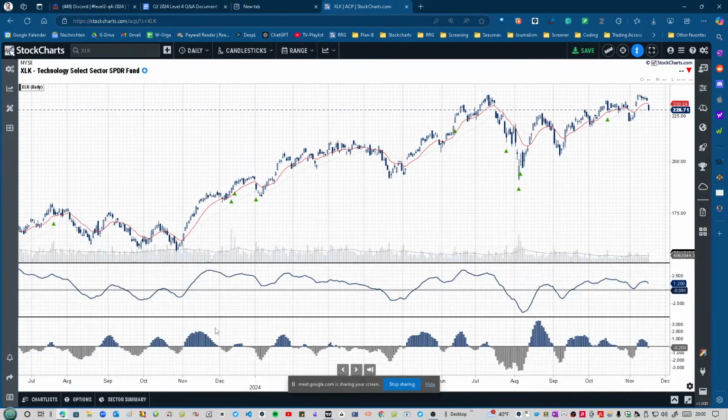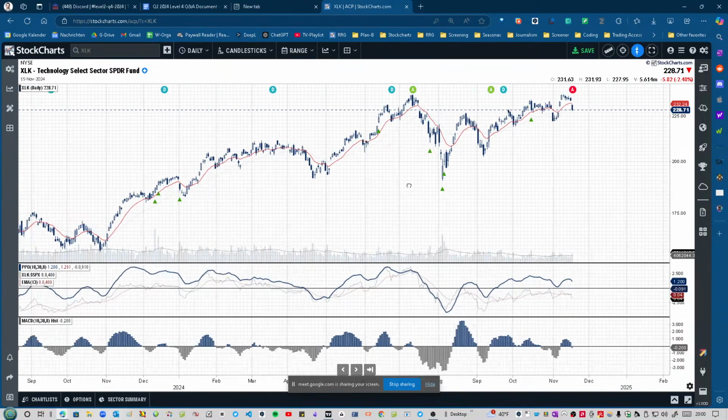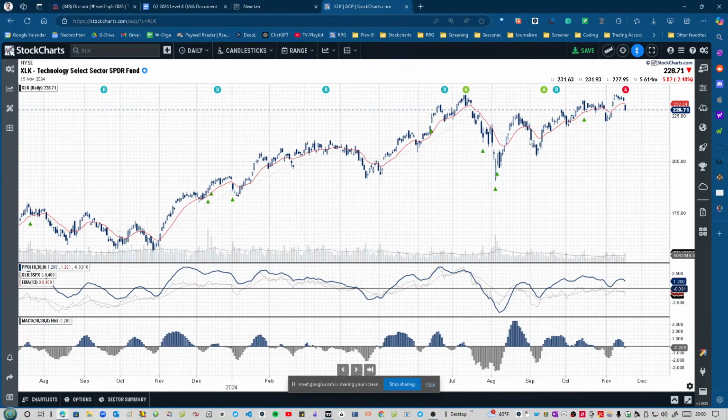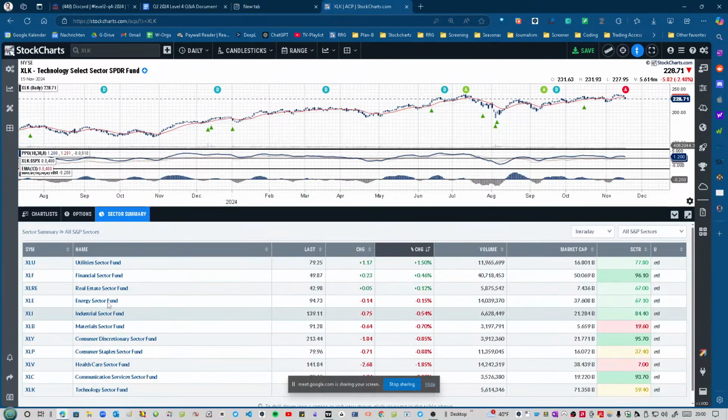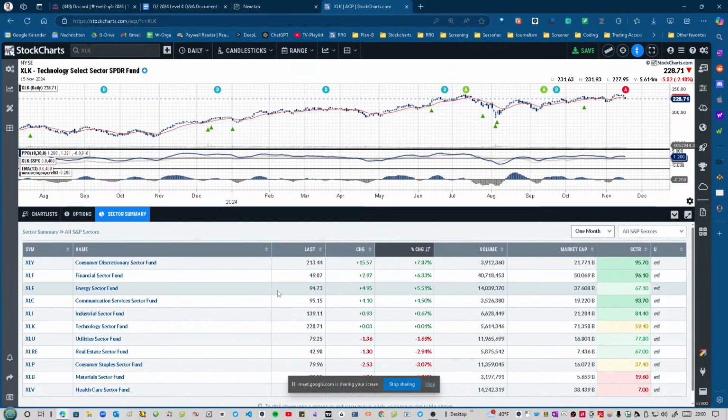Here are screeners and so on, and you can chart any asset you want. But the cool thing is that you have a sector summary at the bottom, with each of the 11 sectors and their performance. You can look at the intraday, or say, show me the 1 month performance. So this is a 1 month chart for the sectors.